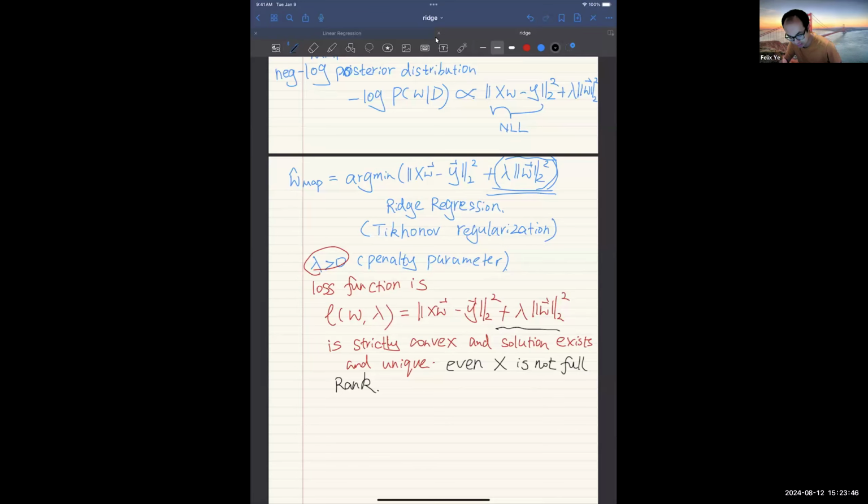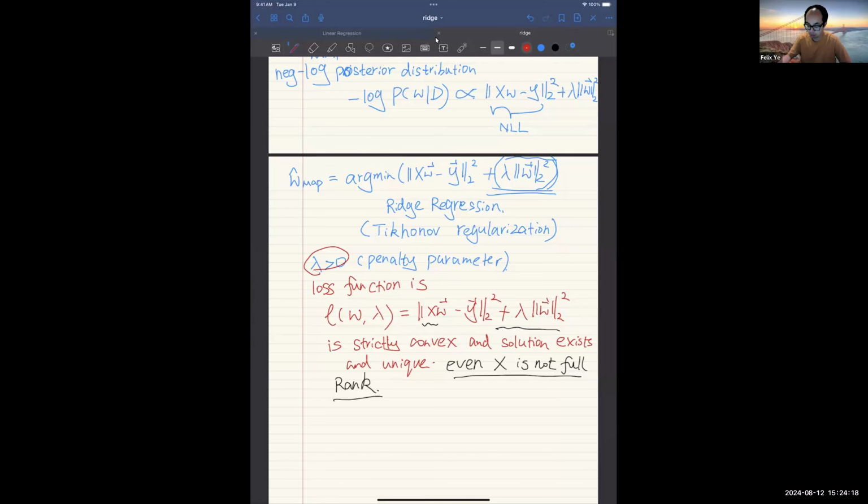But in these cases, with ridge regression, no matter what kind of X you are working with, there always exists a local minimum, and this minimum is always unique, regardless of the property of X, whether it's full rank or not. So this is a really strong statement, and it's really appealing in practice.